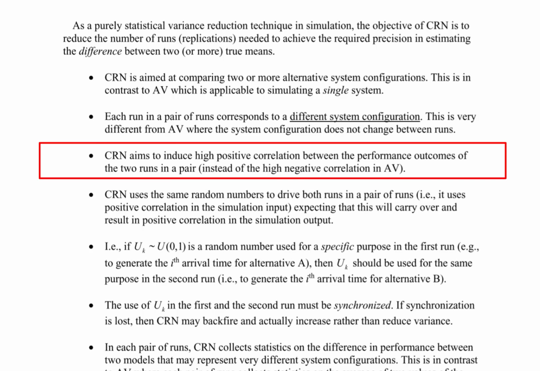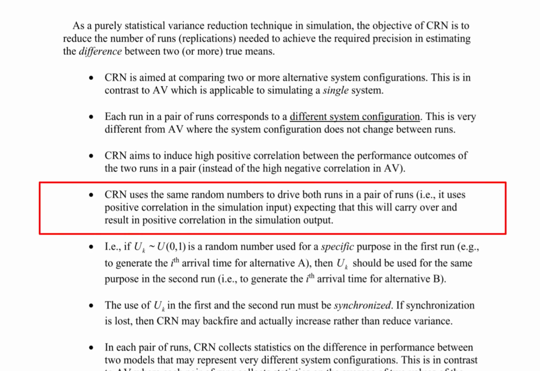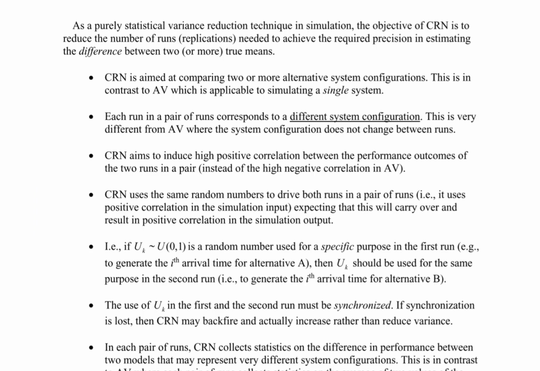Common random numbers aims to induce a high positive correlation between the performance outcomes of the two runs in a pair, instead of the high negative correlation in antithetic variates. Common random numbers uses the same random numbers to drive both runs in a pair of runs. That is, it uses positive correlation in the simulation input, expecting that this will carry over and result in positive correlation in the simulation output.